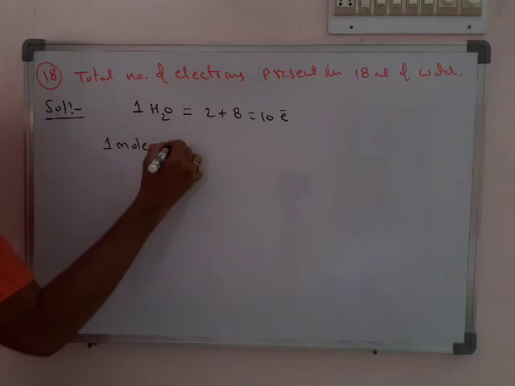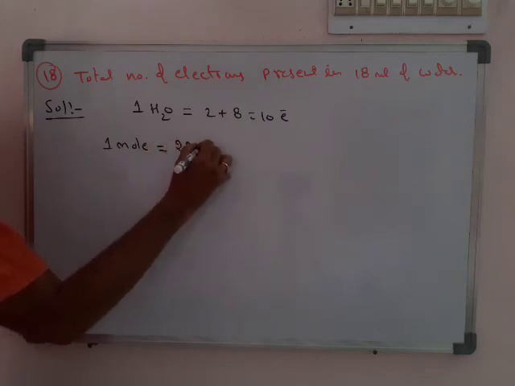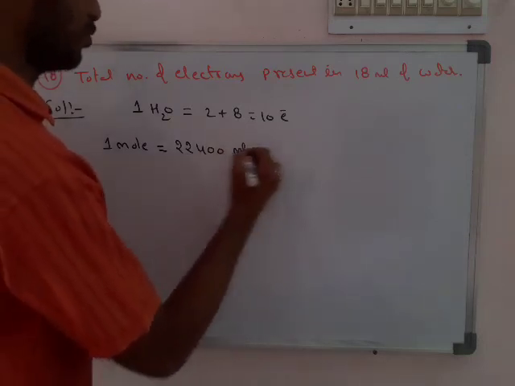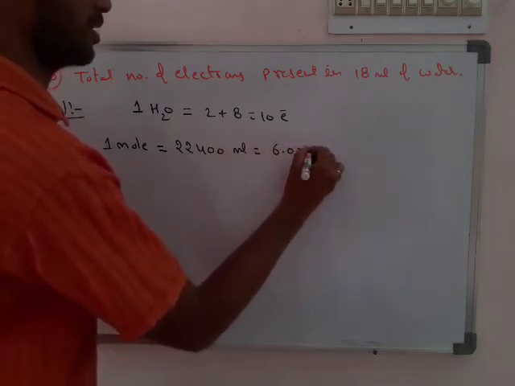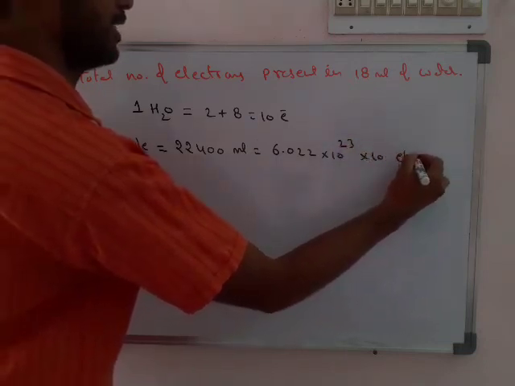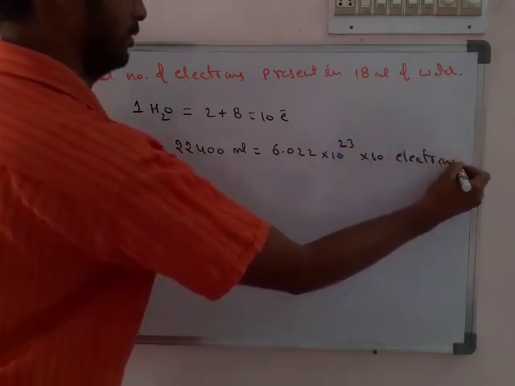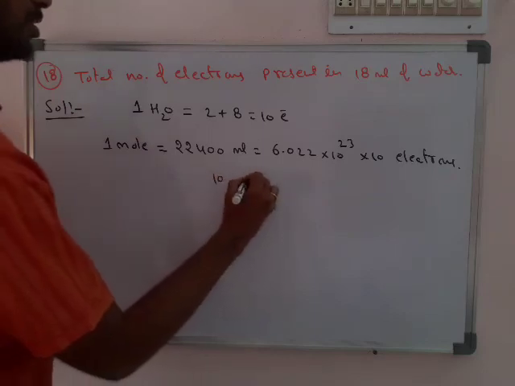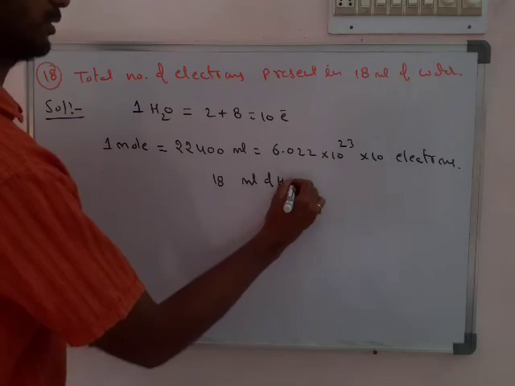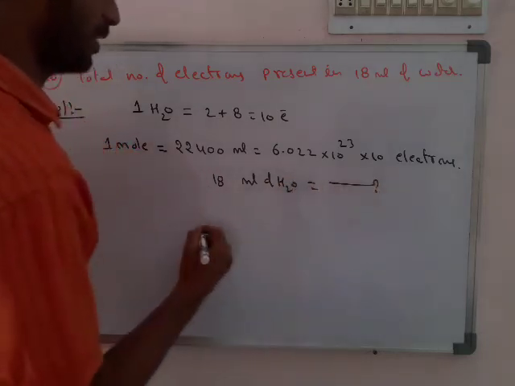1 mole values are given in terms of milliliter, so 22,400 milliliter equals 1 mole, equal to Avogadro number 6.022 into 10 power 23 into 10 electrons. So then what about 18 milliliter of water, how many electrons?